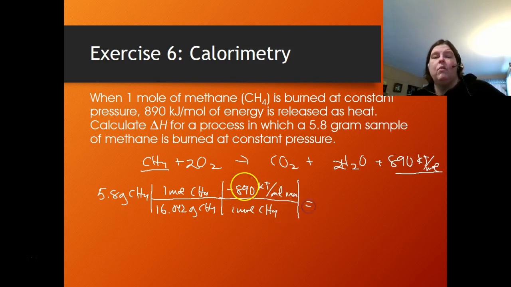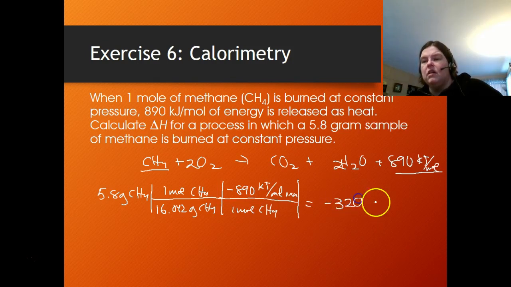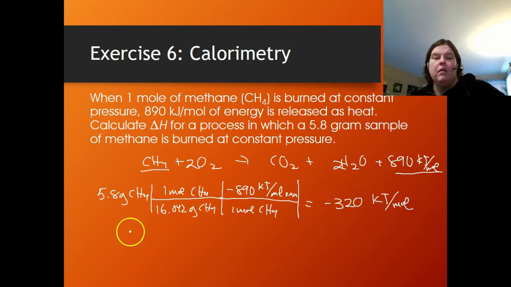Okay, why did I make it negative? That's on the product side. It's exothermic, which means the sign of delta H is negative, or the sign of Q is negative. So I go through and I figure this all out, and I get negative 320 kilojoules per mole released, or negative 320 kilojoules. Okay, so pretty simple.